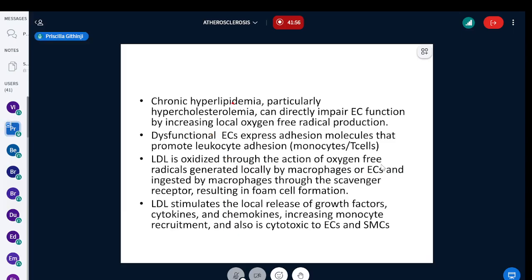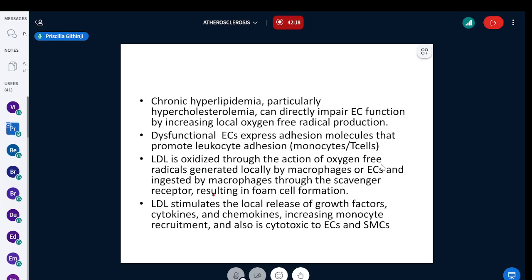Where you have chronic hyperlipidemia, so for extended periods of time your lipids are high, particularly those who have hypercholesterolemia, this can directly impair endothelial cell function by increasing local oxygen-free radical production because you have excess amounts of cholesterol.